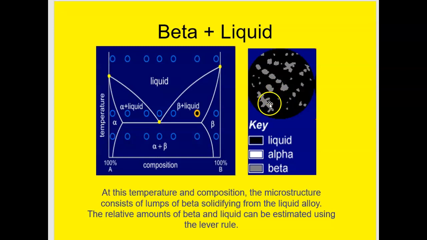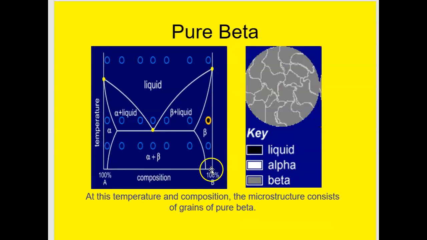So the beta has increased, as you can actually see. If I enter into this region, I only have the beta. So then we will have the crystal structure. These are crystals of beta, and these are grain boundaries. The size of these crystals can be small or bigger depending on what crystal it is.